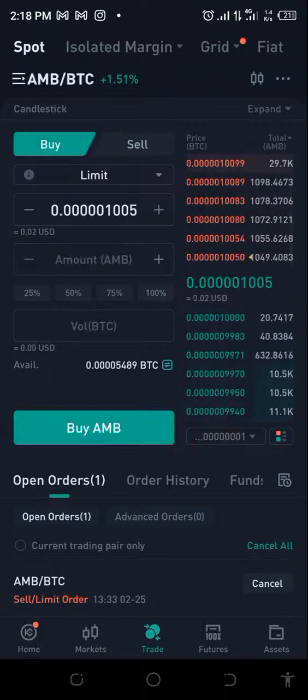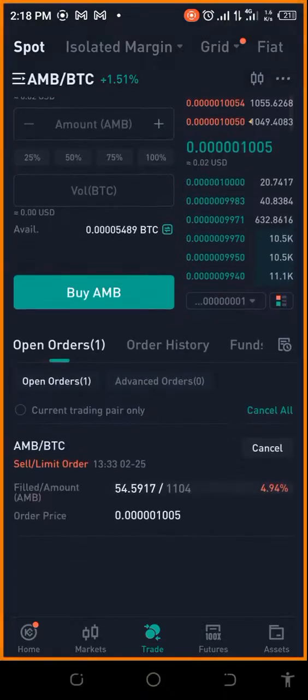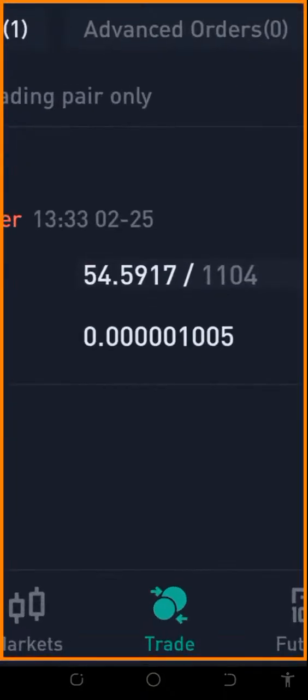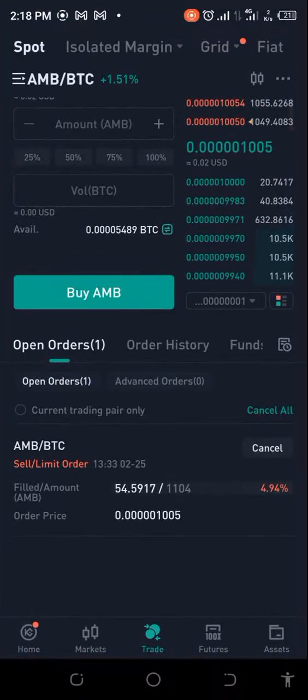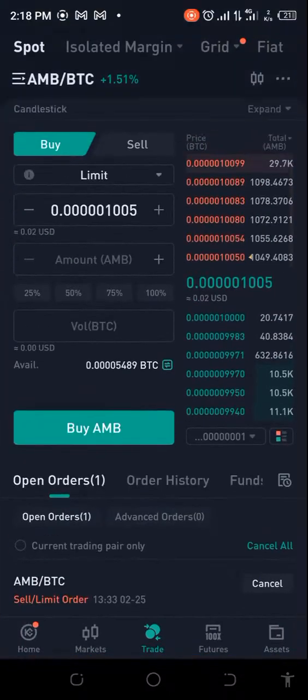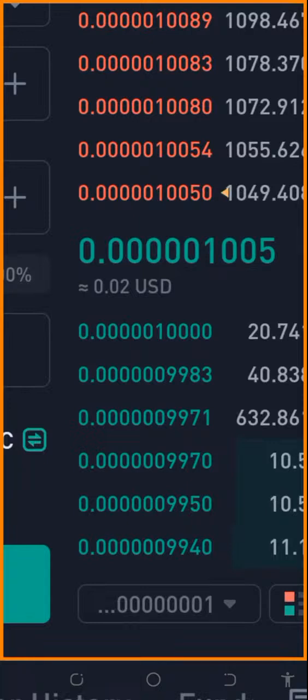Stay blessed. Okay, right now it's at 0.0001005. So it's moving up. And as we can see here, part of it has already been sold. So we have 54.59 out of 1104 already sold at that price. If I were going to pick any of these ones in the order book, we'll see that it's nowhere near what we want.